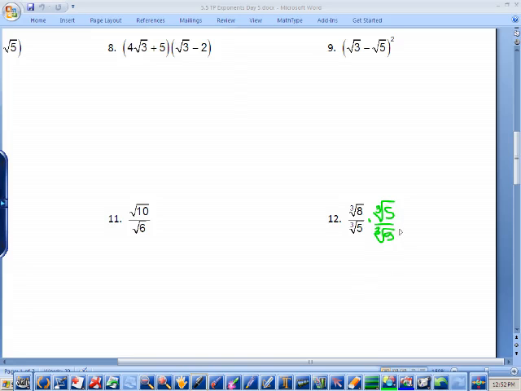But let's see if that achieves our goal of getting rid of the radical in the denominator. If I take the cube root of 5 times the cube root of 5, what do I get? Cube root of 25. Does that simplify to get rid of my radical?